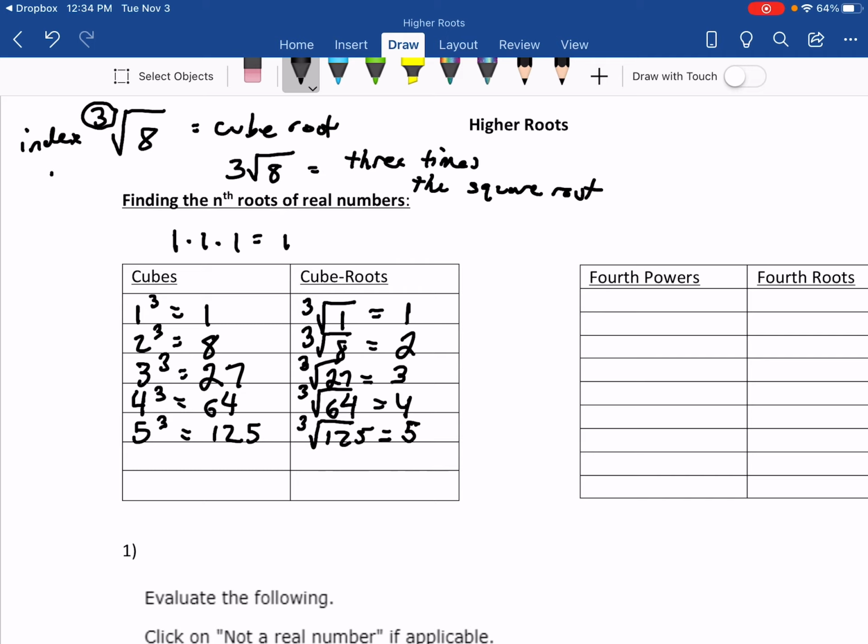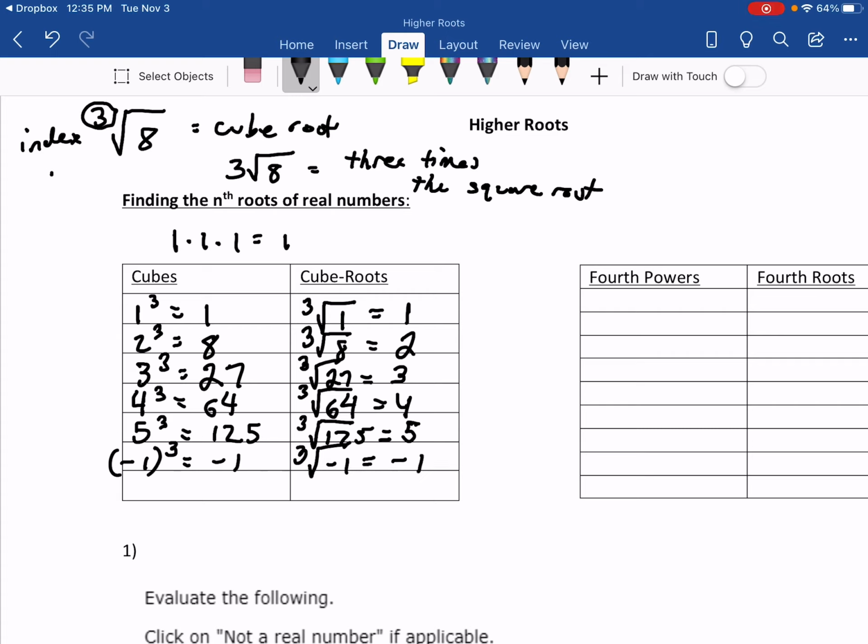Let's talk about negatives. So if we cube negative 1, negative 1 times negative 1 times negative 1, remember odd exponents give you a negative, that's negative 1, which means the cube root of negative 1 is negative 1.